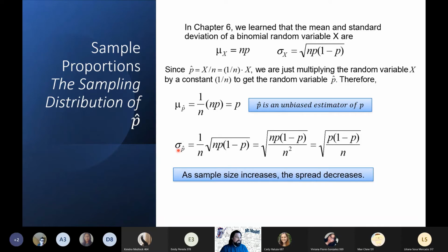We also get the standard deviation of p hat is equal to 1 over n times the square root of n times p times 1 minus p, which is equal to the square root of p times 1 minus p, the proportion of success times the proportion of failure in our population, divided by n, the sample size. So we now have formulas based on what we already know from the population that will give us the mean and standard deviation of the sampling distribution of the sample proportion without doing any long calculation.